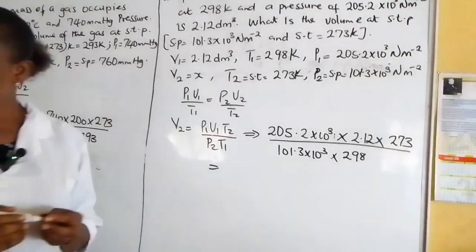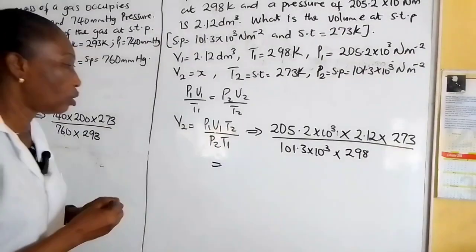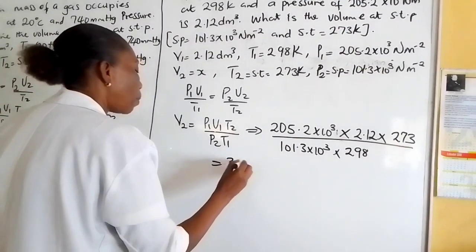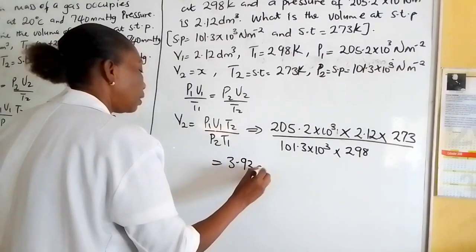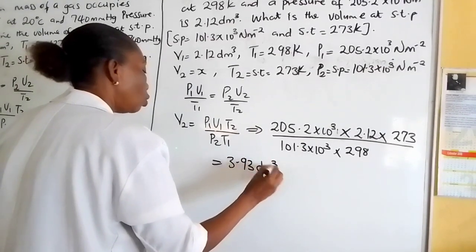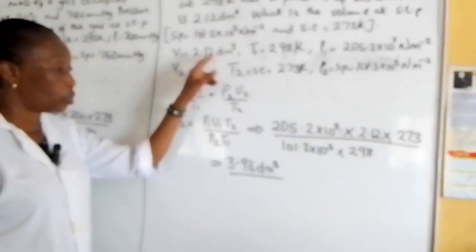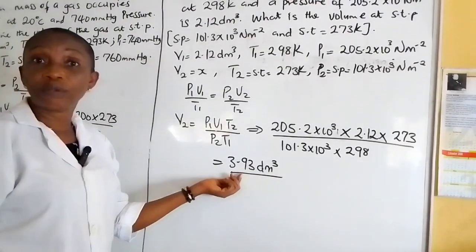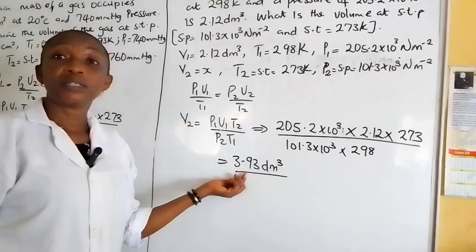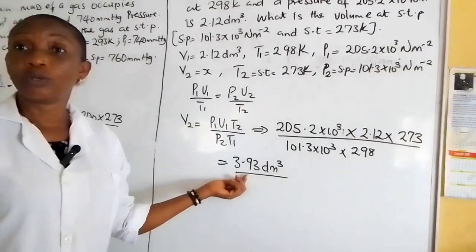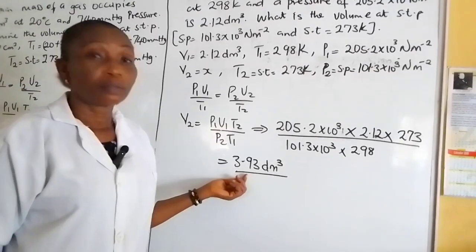When you apply your calculator, it gives you 3.93 dm cube, not cm cube. Remember that our volume is in dm cube, so the unit of our volume here still remains dm cube. Thank you very much.